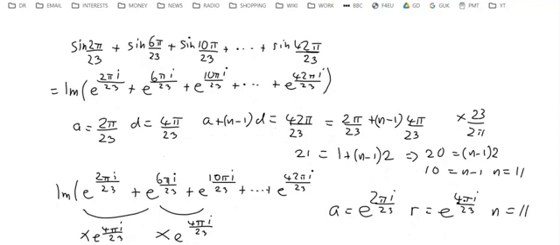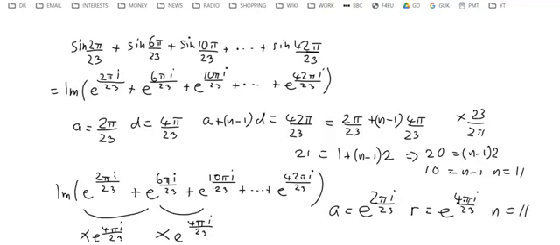And so if we are going to add the imaginary parts of this, we have a geometric progression whose first term is e^(2πi/23), with 11 terms, and whose common ratio is e^(4πi/23).